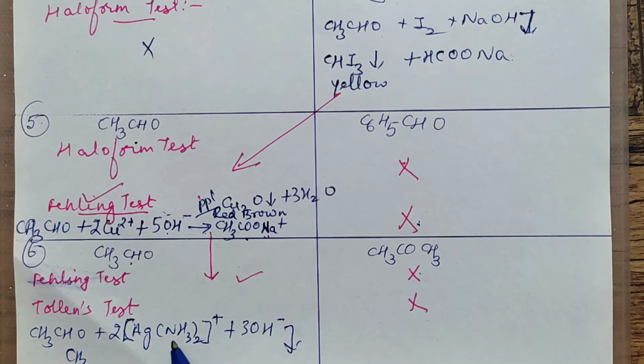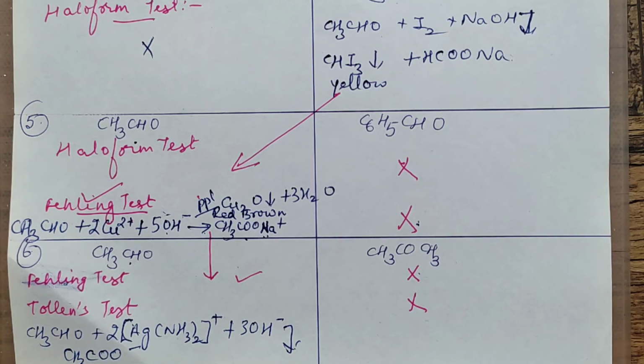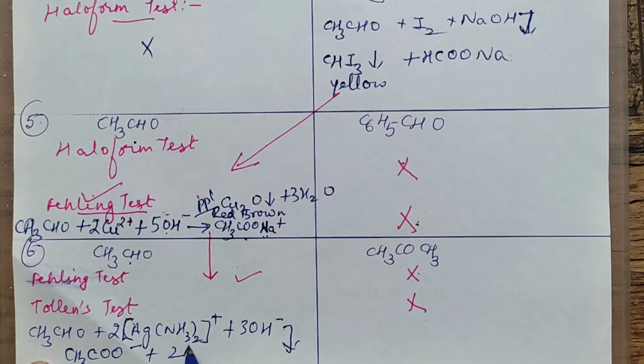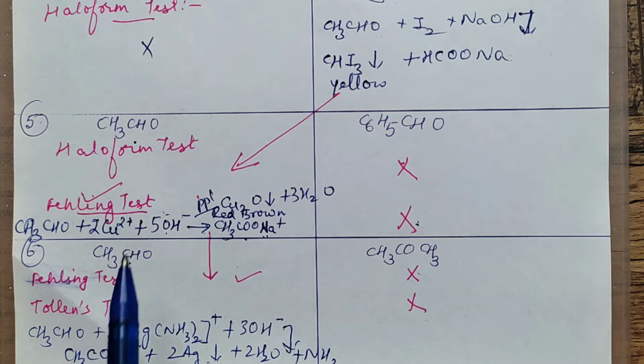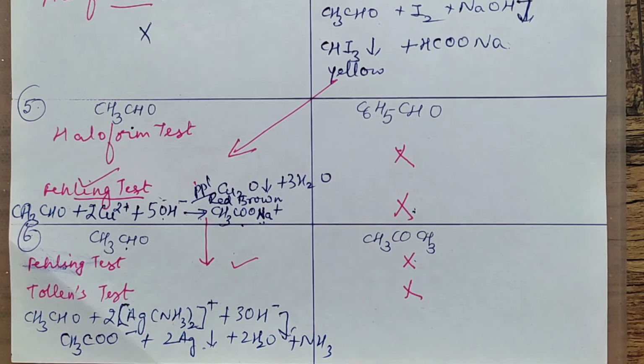Tollens reagent is ammoniacal silver nitrate solution, so you get the salt of it. I am writing CH3COO minus only, plus you get silver; a silver mirror is deposited. Apart from that, you also get water and ammonia. So you will write either Tollens or Fehling's. Both are given by acetaldehyde but not by ketone. Fine till here. We have done 6 so far.